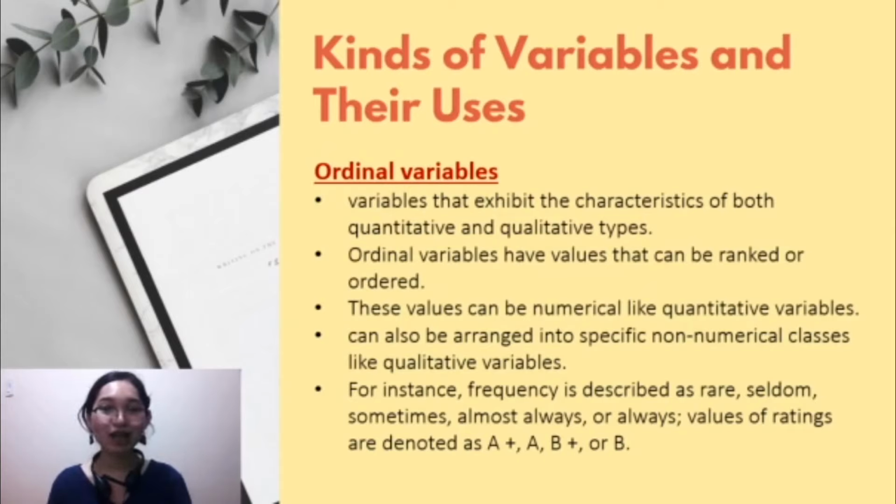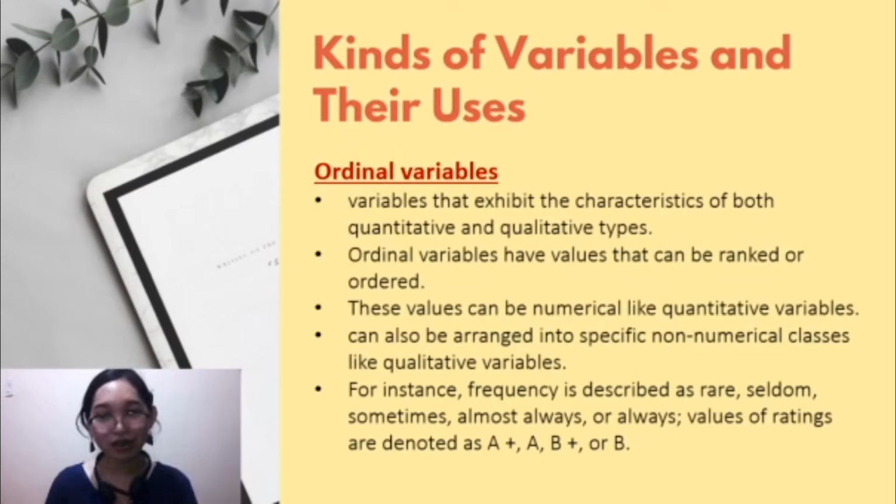These values can be numerical like quantitative variables, but they can also be arranged into specific non-numerical classes like qualitative variables. For instance, frequency is described as rare, seldom, sometimes, almost always, or always. Values of ratings are denoted as A+, A-, A, B+, B-, or B, and so on.